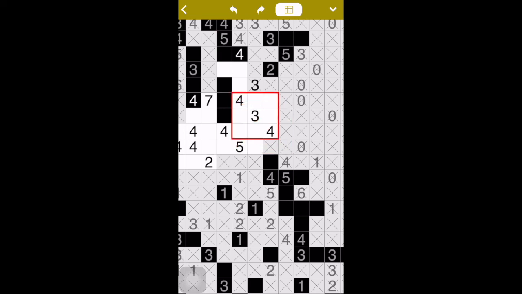And yeah, the three black spaces needed to complete this 3, all three have to be in this area, right? So to find out, you move it to the 4, right? And fill out all the empty spaces that are not overlapping with black space, like this.